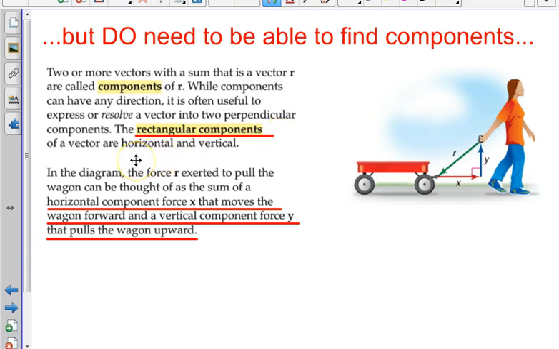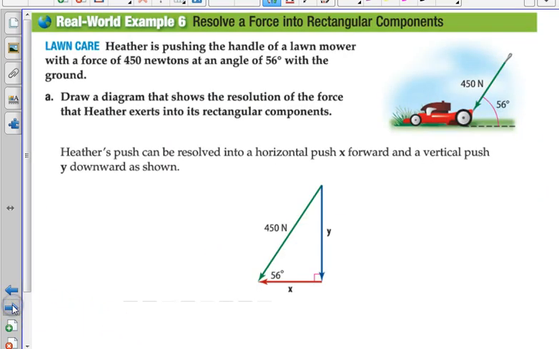So what amount of force or speed or whatever is acting in an X direction and what is acting in a Y direction. If you're pulling a wagon here with an angle on the handle at a force of whatever, some of it's going in the X and some of it's going in the Y, up and down. Those are the components. So here's a quick example. It says if you're pulling or pushing with 450 newtons at a 56-degree angle here.